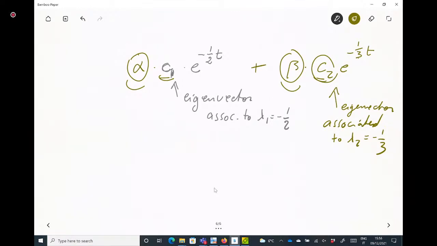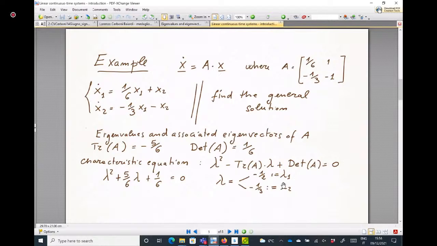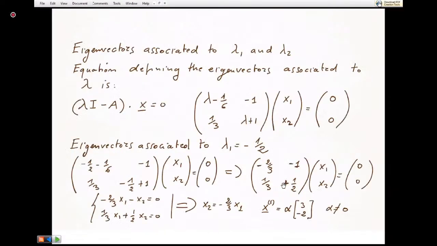So this is the basic idea. This is already the general solution to our model. Basically, I find these two eigenvalues. I have to find the eigenvectors associated to the first one, the eigenvectors associated to the other one, and then put them together into the solution formula. So what are the eigenvectors associated to the first eigenvalue, lambda 1? Lambda 1 was minus 1/2.